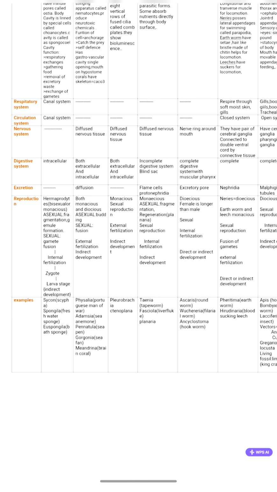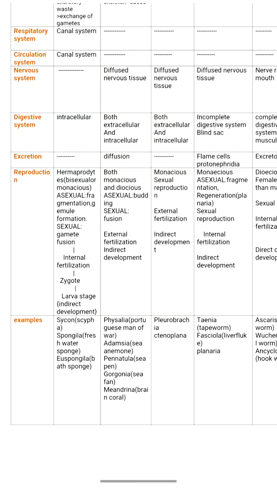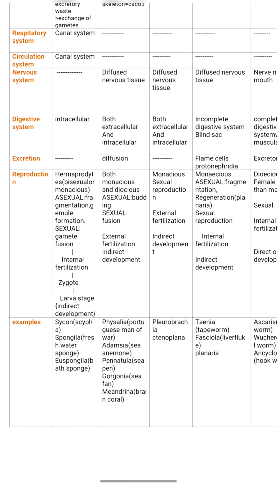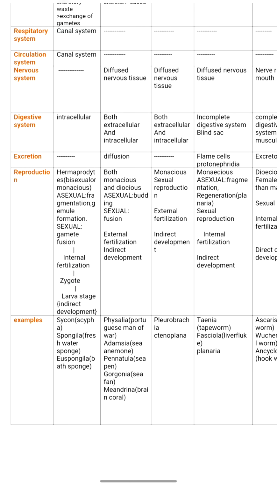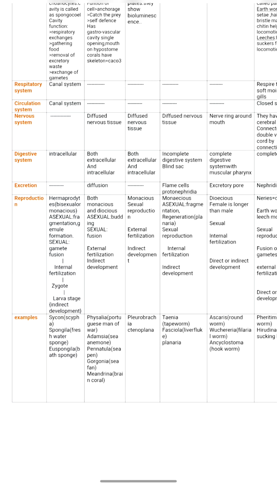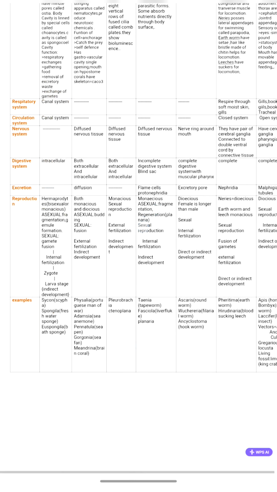And also, obviously, in reproduction we have asexual reproduction and sexual reproduction. Asexual is by fragmentation and gemmule formation, and sexual by gamete fusion. Also remember, we have internal fertilization and zygote formation, and larval stage is present, so that is indirect development.